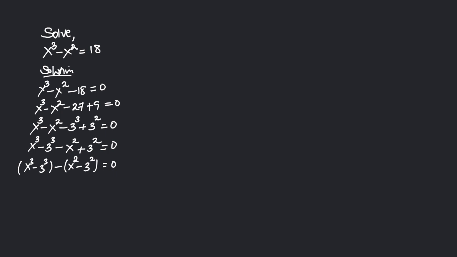Now, to be able to proceed with this solution, we're going to use two identities here. If you have a to the power of 3 minus b to the power of 3, that is equal to a minus b into a squared plus ab plus b squared.